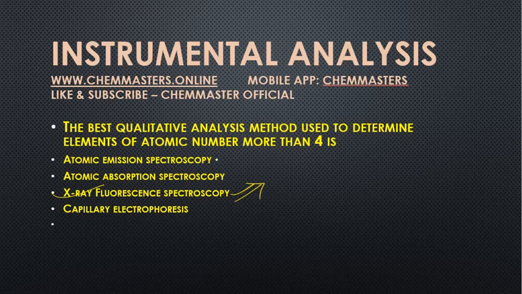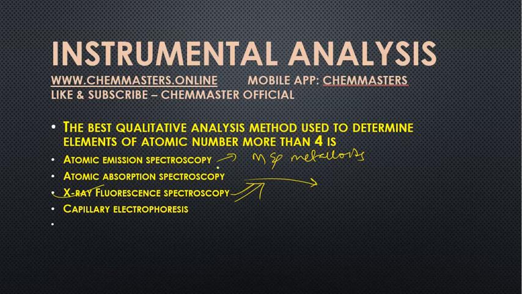Now, what is the importance of all the other given 3 spectroscopies? If you look at atomic emission spectroscopy, it is the best method for the qualitative analysis of metals and metalloids. Okay, just take the notes. Now, atomic absorption spectroscopy is the best method.